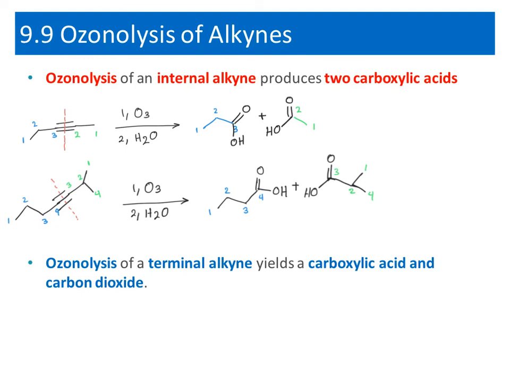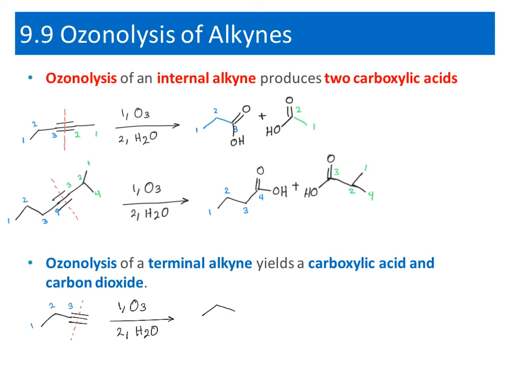Now, what if we have a terminal alkyne? So let's look at this example. Okay, this is a terminal alkyne. So again, it's the same process. We are cleaving the triple bond. Now in the left side, we have 3 carbons.